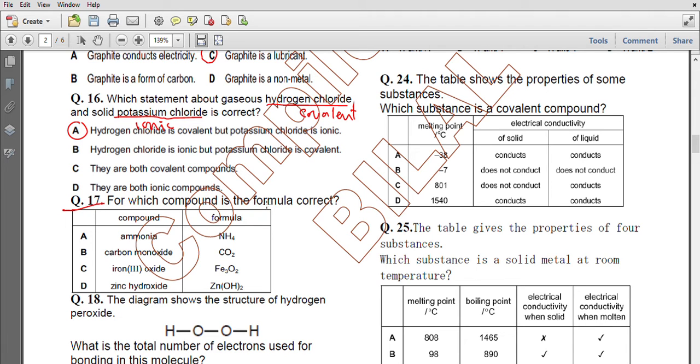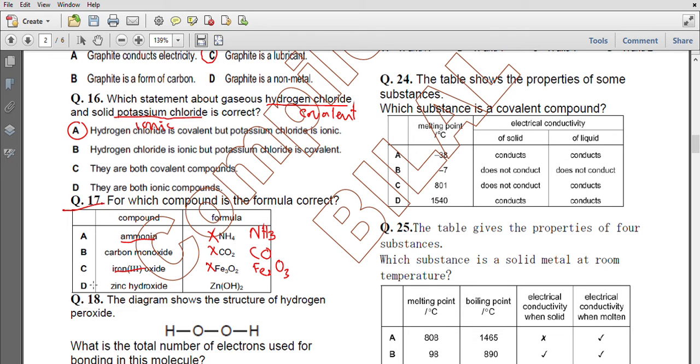Proceeding to question number 17. For which compound is the formula correct? We have to eliminate all those which are incorrect. The correct formula of ammonia is NH3, as we discussed in the previous video, but the formula mentioned here is NH4, so it is incorrect. Carbon monoxide is CO, not CO2, so that is also incorrect. The formula of iron 3 oxide should be Fe2O3, but here it is Fe3O2, so it is incorrect.